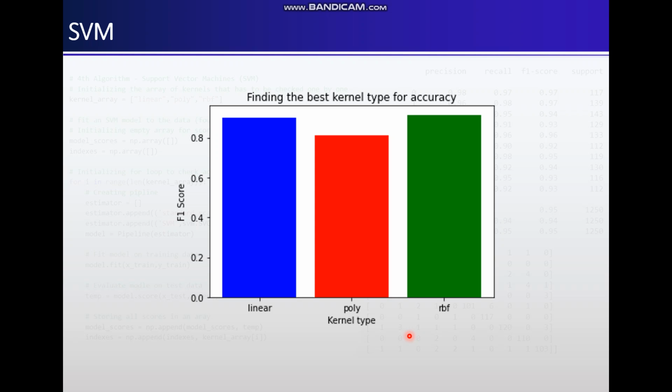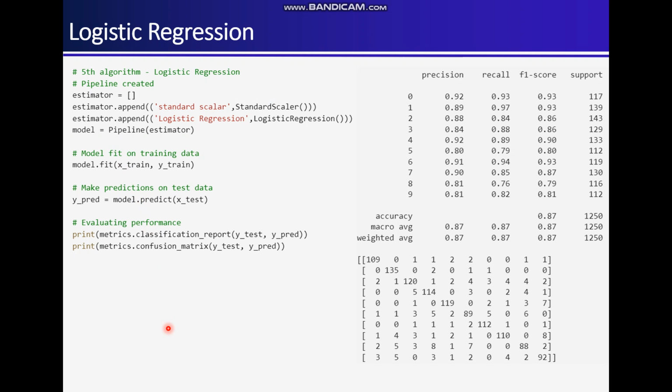So this is about SVM. Then the logistic regression, again the similar processes, in which a pipeline based model, then predicting the model on the X test, and then generating the classification report along with the confusion matrix.